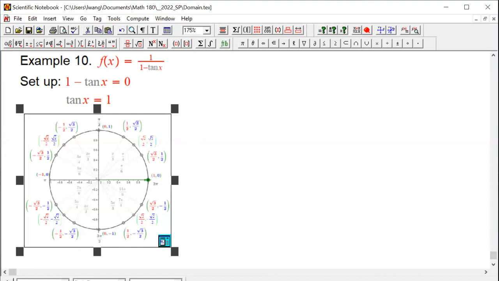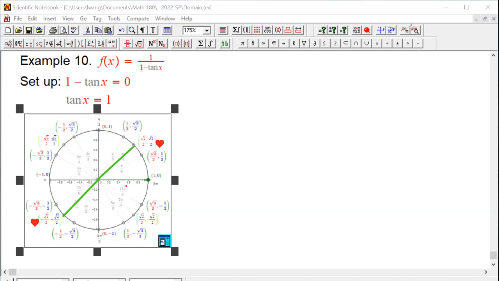There are two places where the ratio y over x gives us a ratio equal to 1. So 1 is here, 1 is there. So you have a terminal, this one is a terminal, there's a terminal here, and there's a terminal there, right?